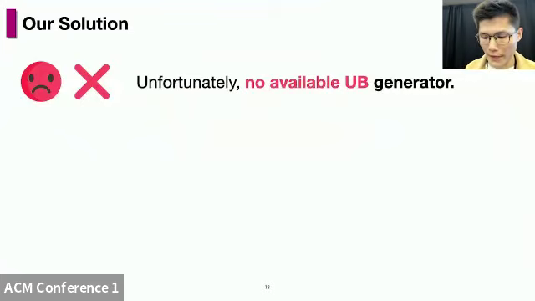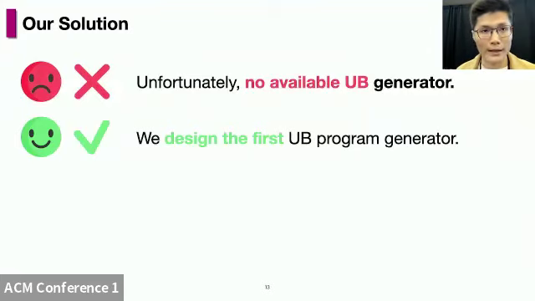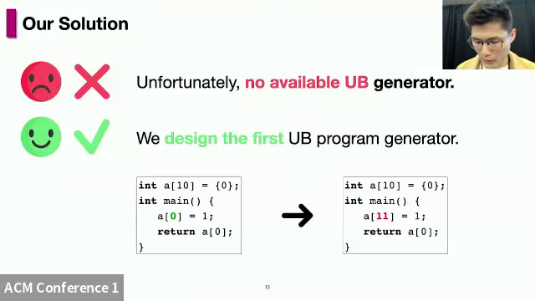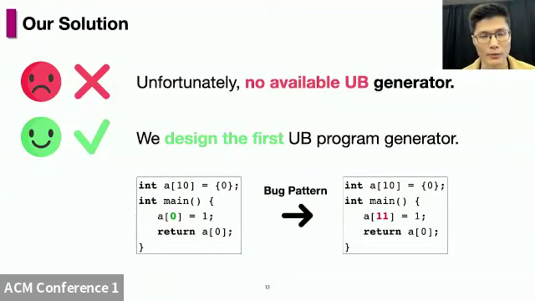So we designed and implemented the first program generator that can deliberately generate all kinds of invalid programs that deviate slightly from normal programs. Given a valid program, our generator can be viewed as a mutator: we introduce a bug pattern into the program to introduce all kinds of undefined behaviors.